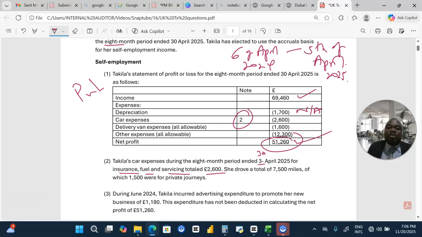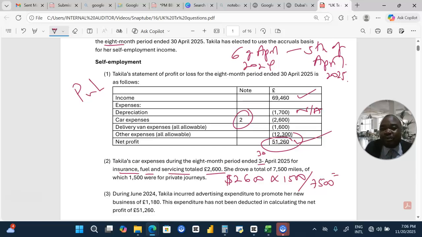Are we together? So let us compute the private journeys. The total cost was 2,600 multiplied by the private journeys divided by the total mileage, and you get your answer. That answer should be added back. So you need to tell the examiner car expenses not allowed, in brackets private journeys.